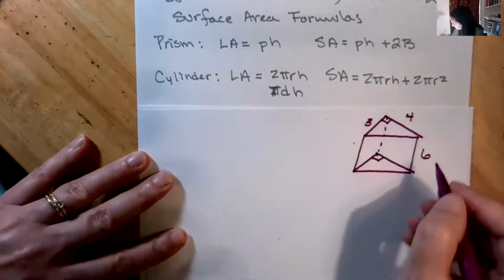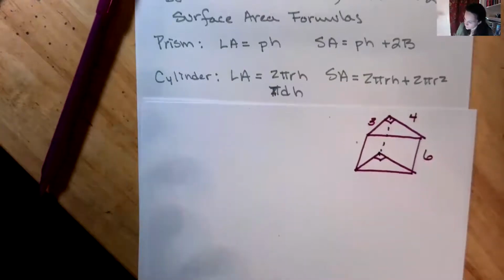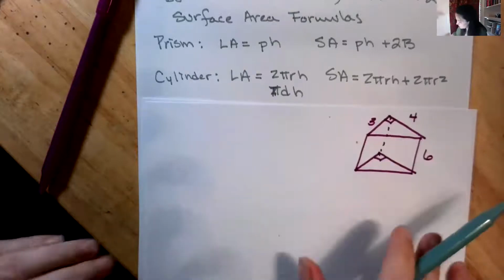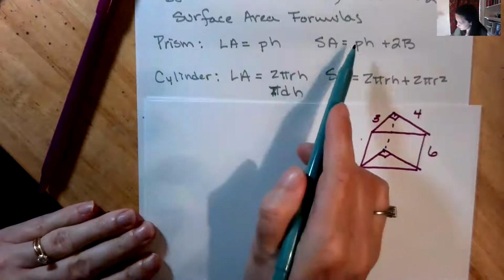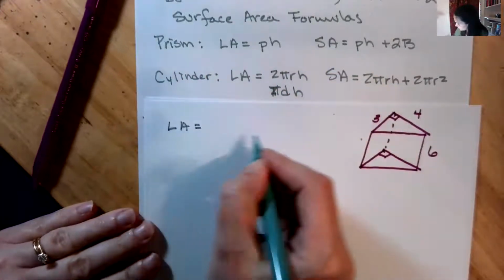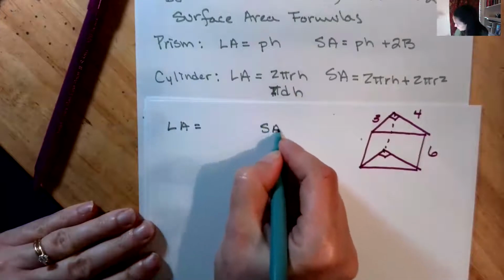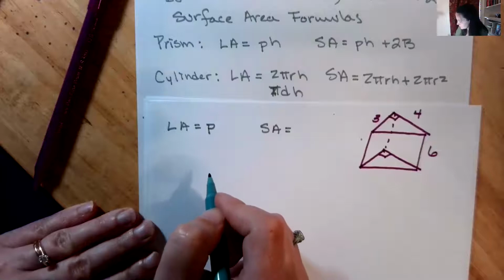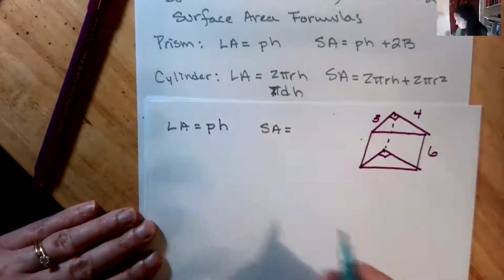Okay. Now, first, we want to find the perimeter of the base because we're going to be using it to find the surface area of this. We're going to practice finding our lateral area, and we're also going to find our surface area. Lateral area is the perimeter of a base times the height of the prism.